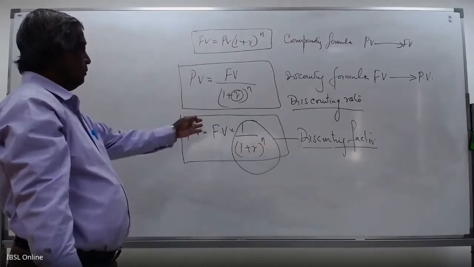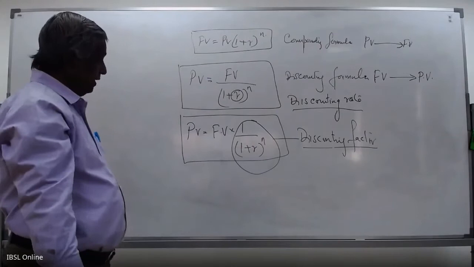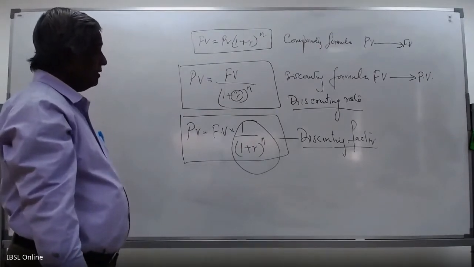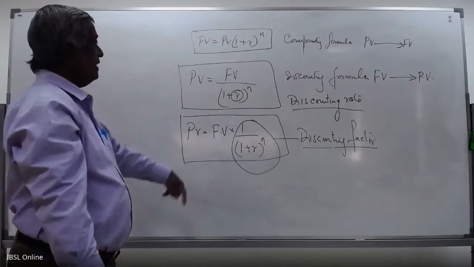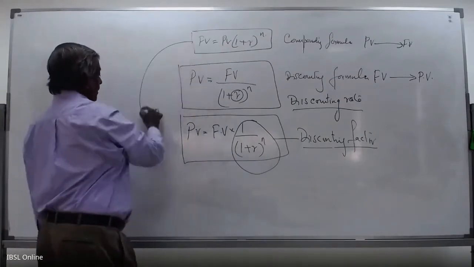So this is the formula. PV is equal to FV into 1 divided by 1 plus R to the power n. We have derived this formula from the compounding formula.